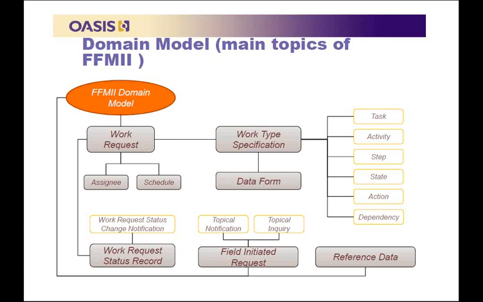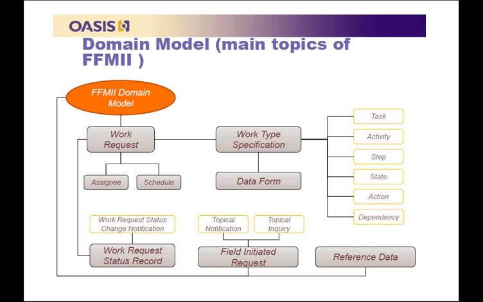Work type specification also defines these state models, the states, actions, and steps. And what work request does is that it refers to the work type specification for structure of the work. Typically, multiple work requests share the same work type specification. For example, installation work could have one work type specification and maintenance work another.